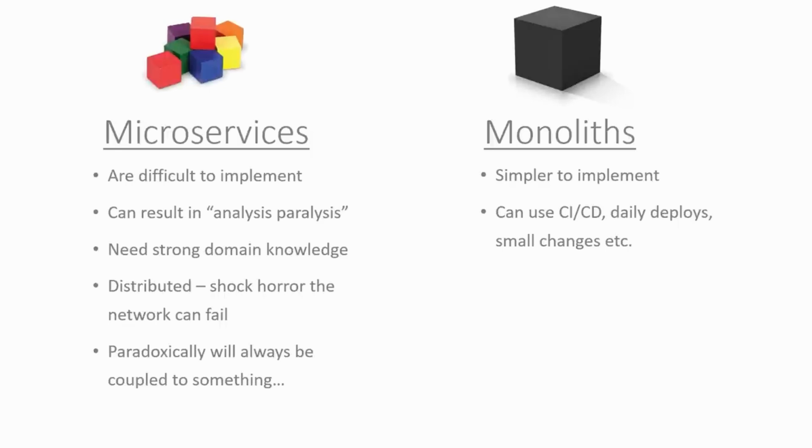But you can absolutely do that with a monolithic system, assuming that you build it in the right way to begin with. One of the advantages of microservices is you can use an agile approach to deliver them, and that's absolutely true, but it's also true of monoliths. Just because it's a monolith doesn't mean you cannot deploy changes daily. You absolutely can, but you have to make some considerations and build that application in a particular way, but it is still absolutely possible.